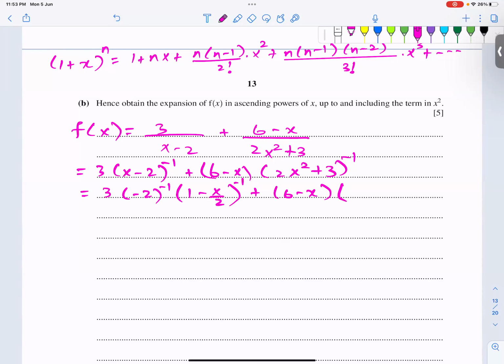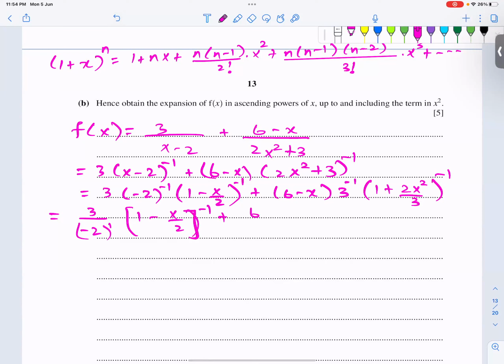If you take 3 out common from the second bracket, this will become 3 with power minus 1, and inside will be 1 plus 2x square plus 3 with power minus 1. So now this will be written as 3 over minus 2 with power 1. Okay, and then 1 minus x over 2, and then x minus 1 over 2 whole power minus 1 plus 6 minus x.